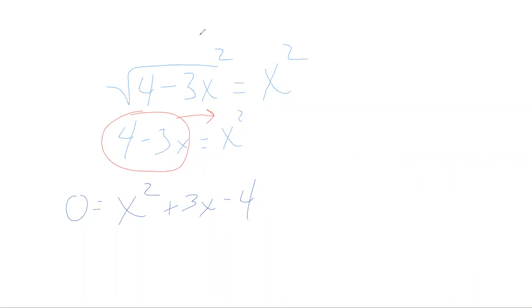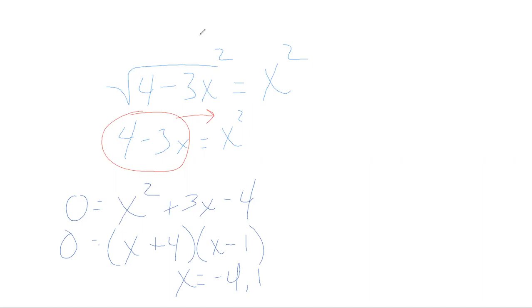So, any factors of -4 that add up to 3? How about x plus 4, x minus 1? If I set each of those equal to 0, I get -4 and +1.